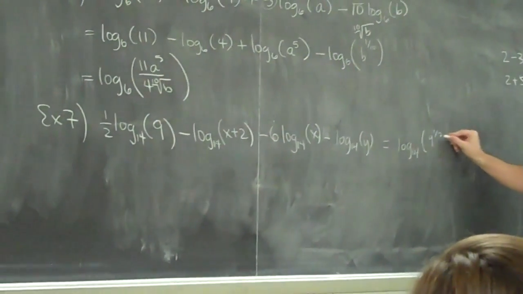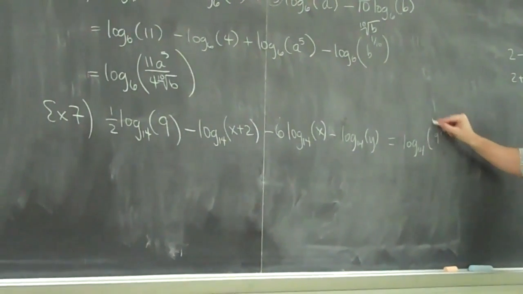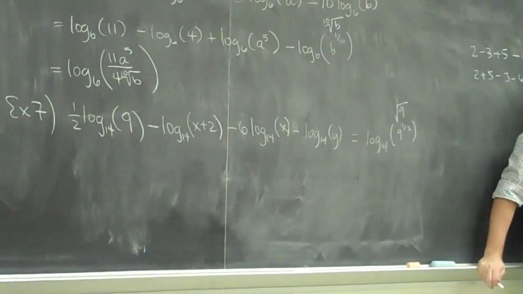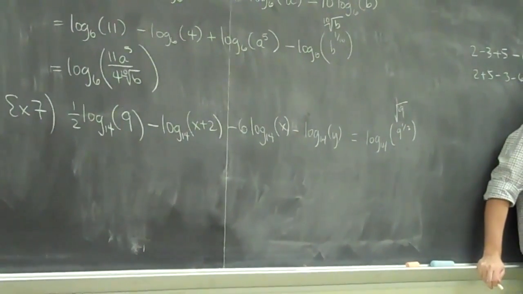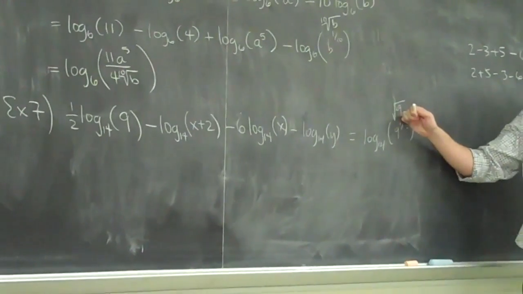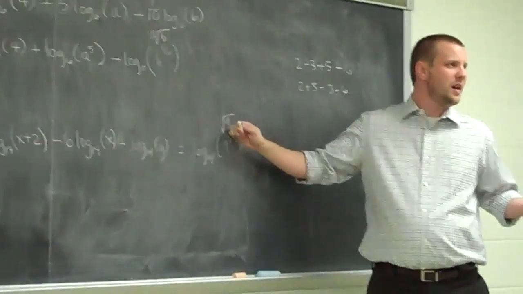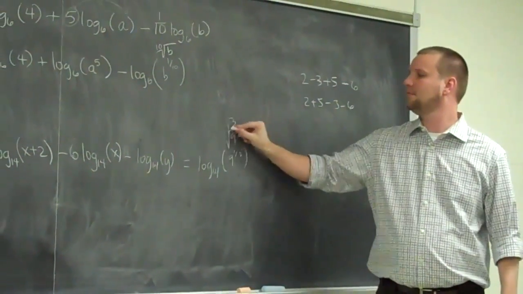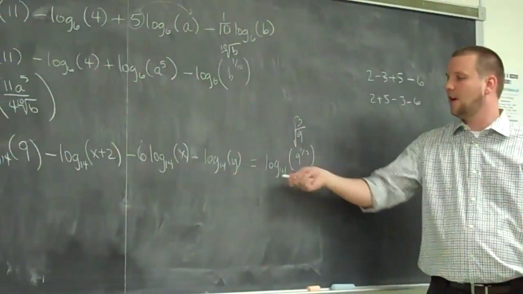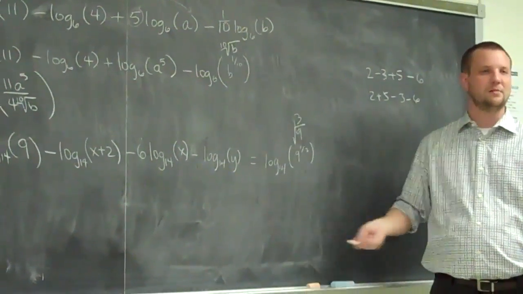If it's 9 to the 1/2 power, what am I really doing? And how many of you would just leave it as the square root of 9? Hopefully none of you. Why wouldn't we leave it as a square root? Because I can always tell you the square root of 9 is 3. So this all boils down to the log base 14 of 3.